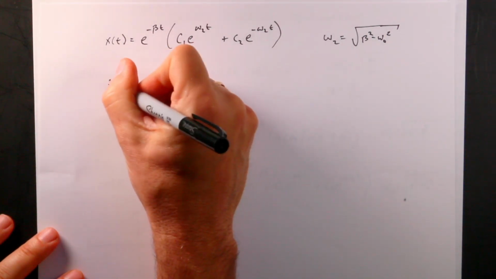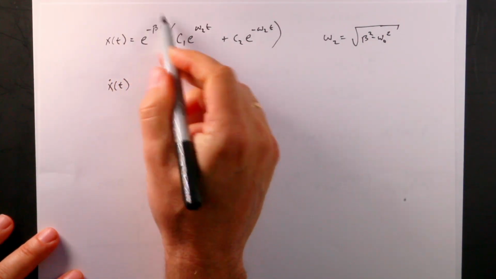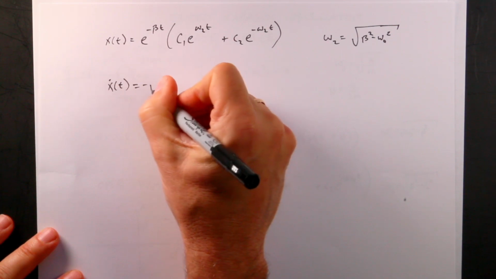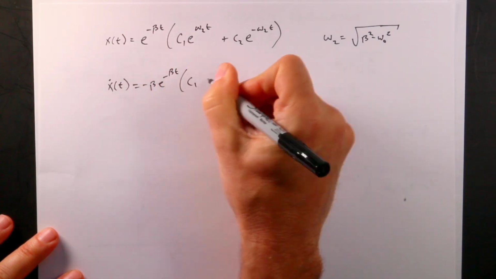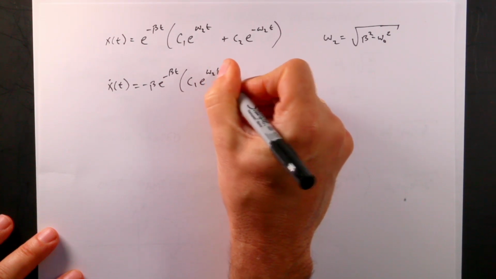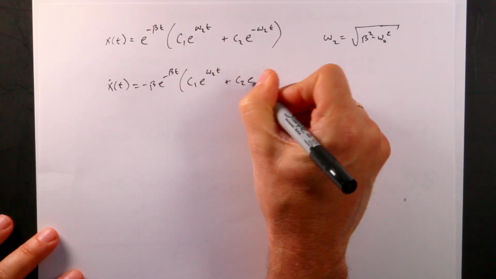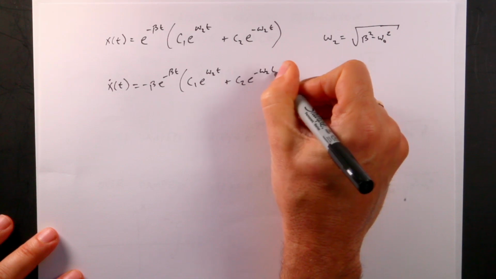Let's take the derivative. So x dot of t: negative beta e to the negative beta t times C1 e to the omega 2 t plus C2 e to the negative omega 2 t.